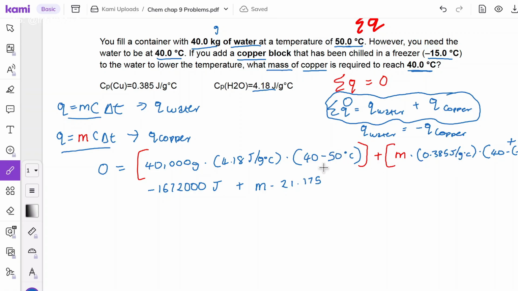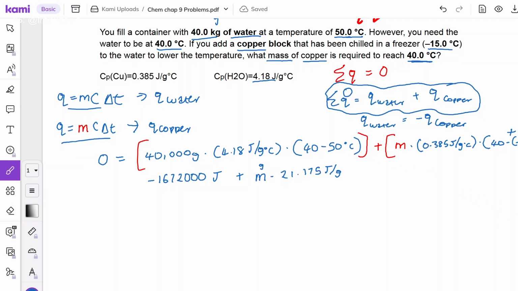And the units for this is joules per gram, and the mass is going to be in grams, and we don't know what that is yet. So this is still equal to 0, and it basically becomes algebraic. We're doing algebra now, we're trying to solve for M.